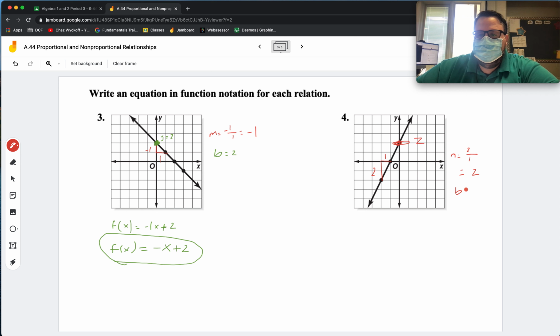So b equals 2, and I just plug it into my formula. F of x equals 2x plus 2. And that's our answer.